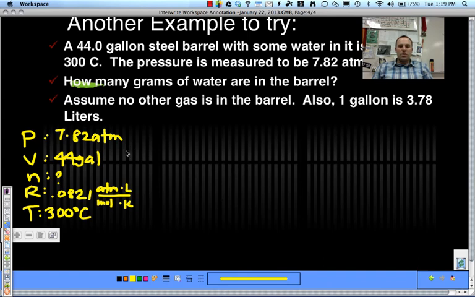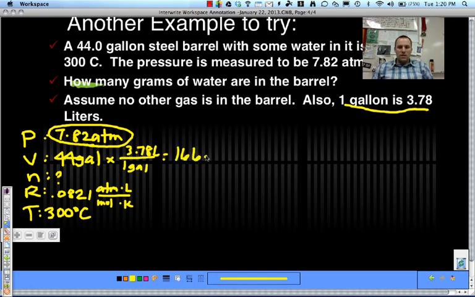Okay, so we have to make sure everything is in the correct units. Atmospheres, good to go. This is in gallons, so they told us that 1 gallon is 3.78 liters. So we're going to multiply this by 1 gallon is equal to 3.78 liters. 44 times 3.78 gives us 166.32 liters.